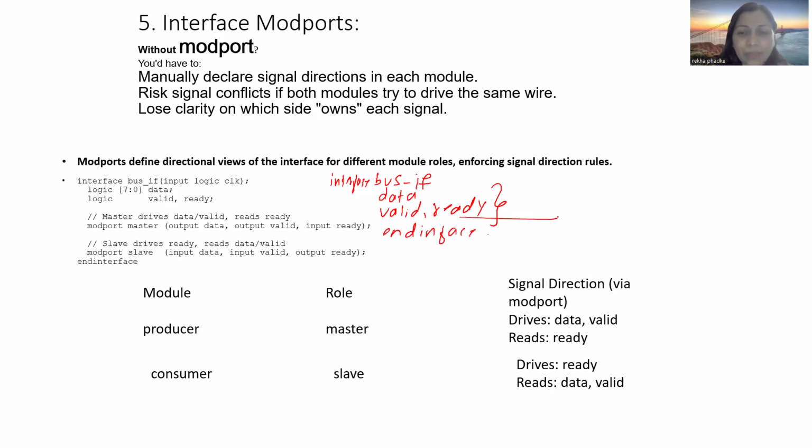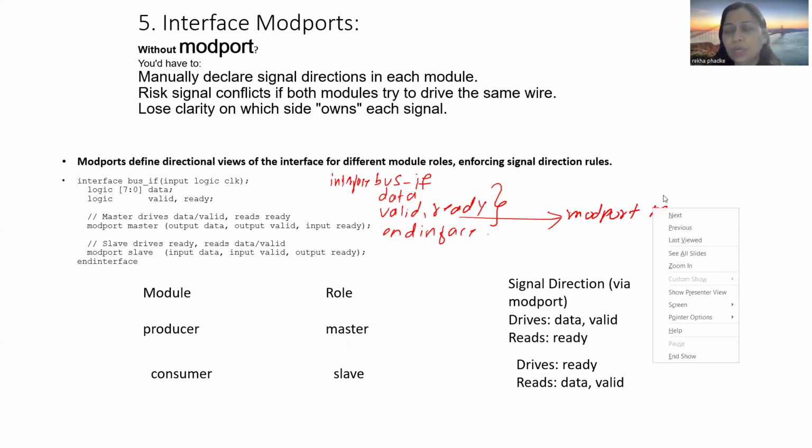But then in between this interface and endinterface with the bundles, I have what is called a mod port master. I'm creating two divisions, this bundle is broken into two bundles now for my requirement.